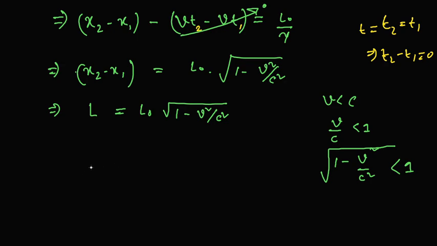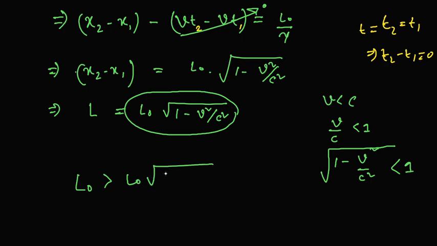This is our value of the rod's length in the S frame. So we can say, of course, it is less than its proper length L naught into root over 1 minus v square by c square.